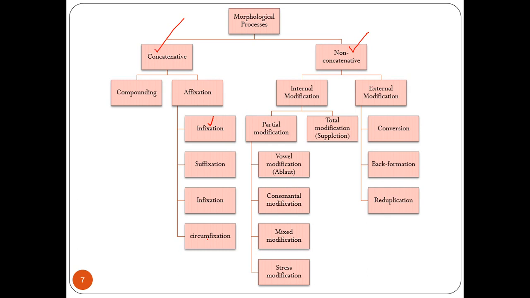And circumfixation is basically attaching two morphemes, one part to the beginning and the second part to the end. Whatever, all of these kinds are affixation, and we can say that they are all additive in nature. We have the process of addition at work here.